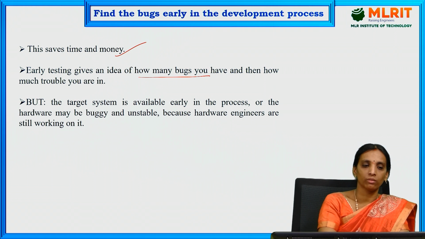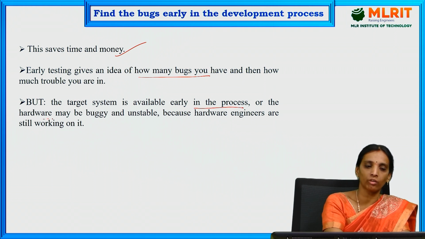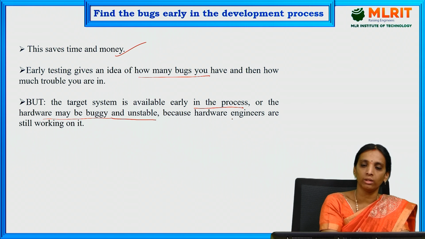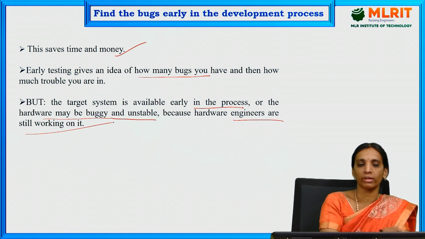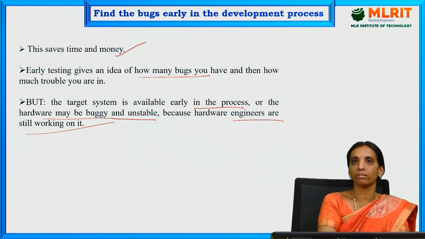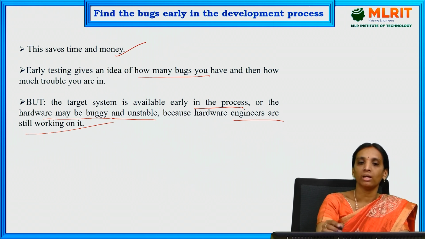But the target system is not available early in the process, or the hardware may be buggy or unstable, because hardware engineers are still working on it. So it is easier to find the bugs in the development process on the host.